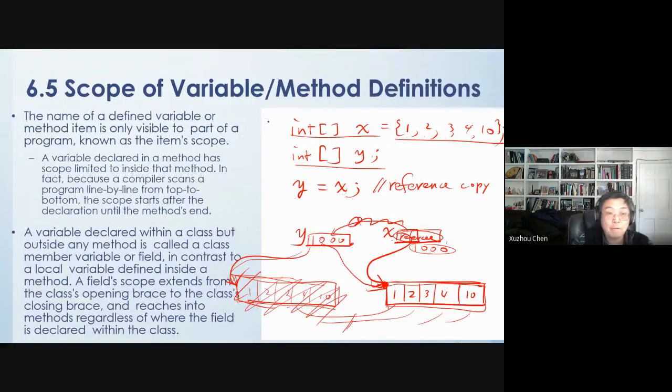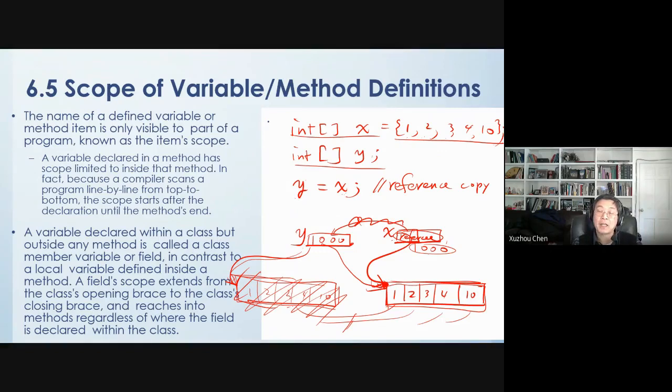Now for the scope of a variable, I'm not going to talk much about this. Every time I declare a variable, like an integer x, in a method, the scope of this variable is inside this method.